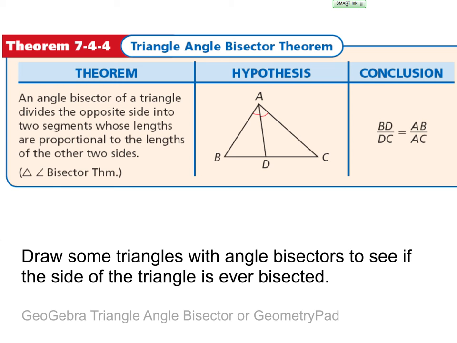Either try GeoGebra or Geometry Pad. I'm sure we can do it in GeoGebra. I'm not positive if we can get the measurements in Geometry Pad or not. But you would need a triangle. Doesn't really matter what kind you start with. But then you need to bisect one of the angles of the triangle.